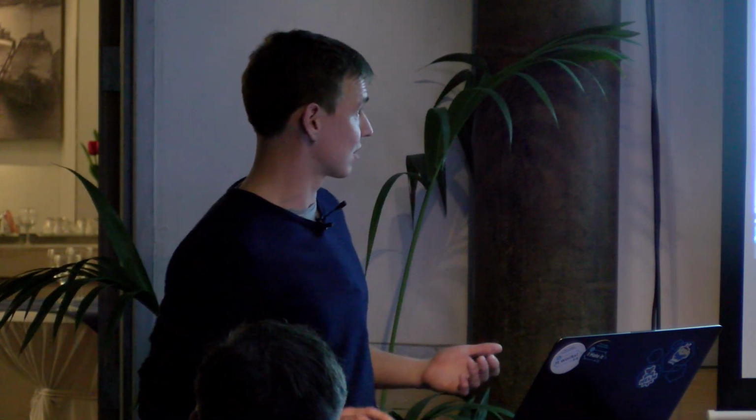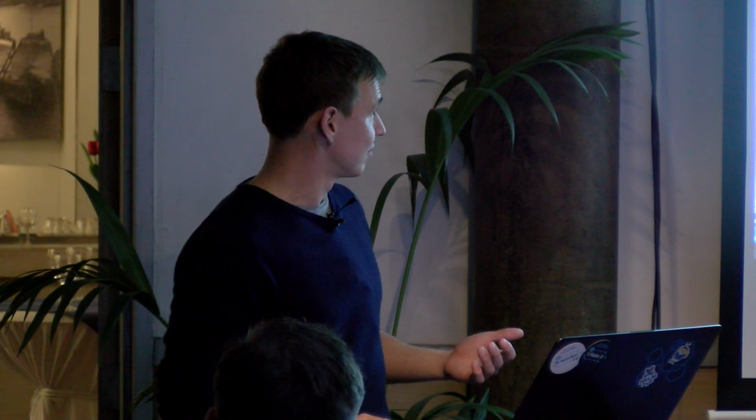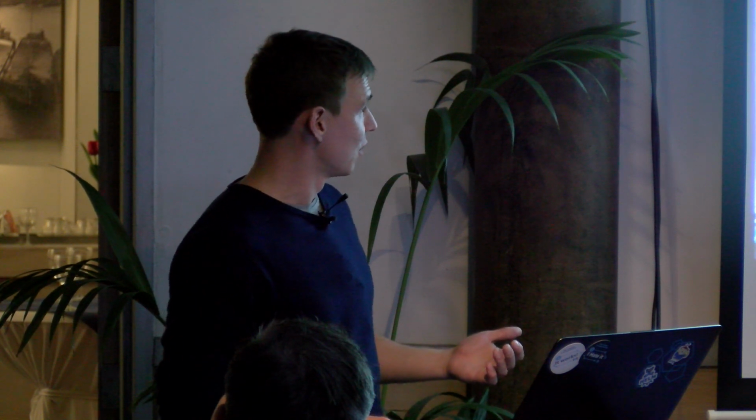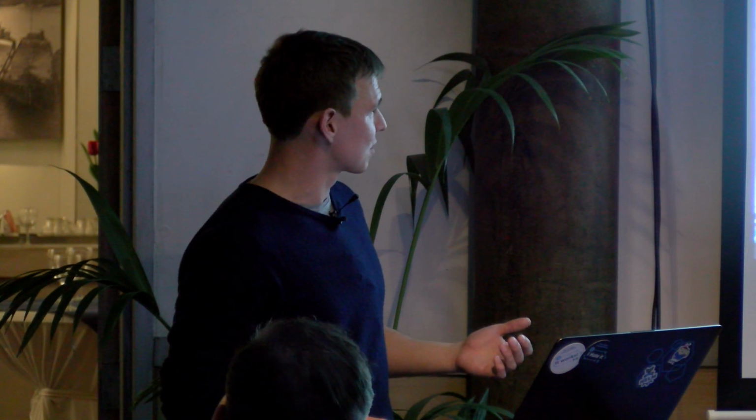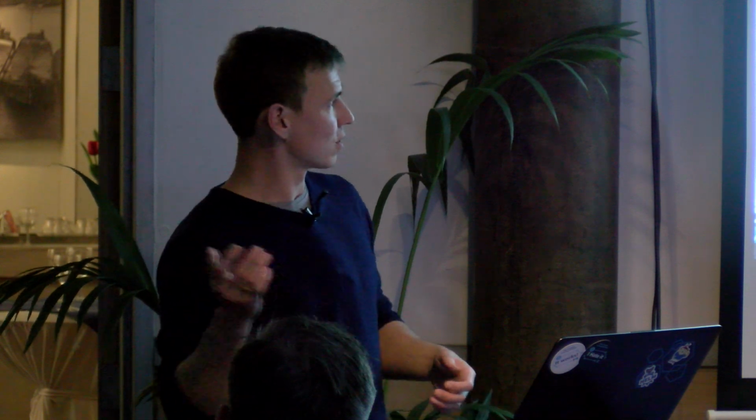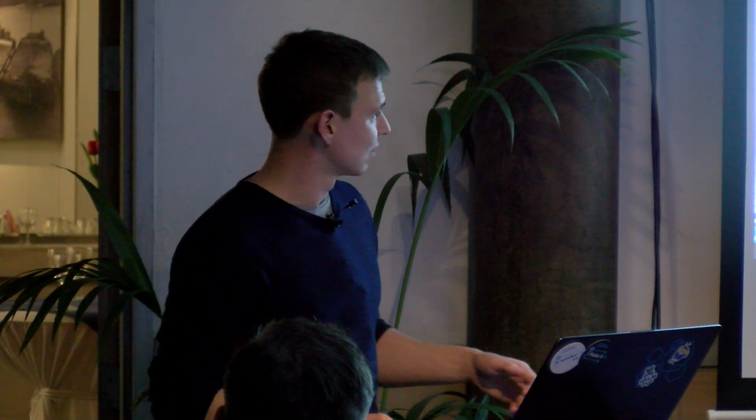Okay, why? It looks like this code is executed in one address space, but it's not, because it's serverless functions. So we cannot just pass this bitmap as kind of a pointer to the function.